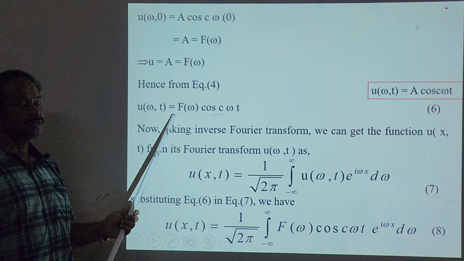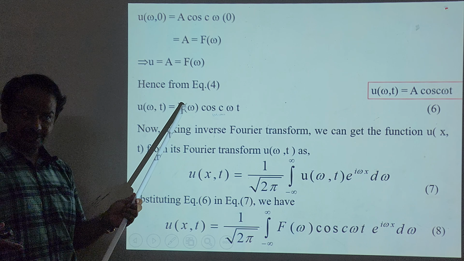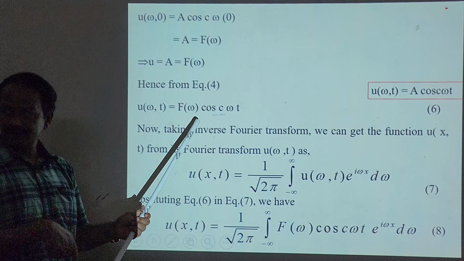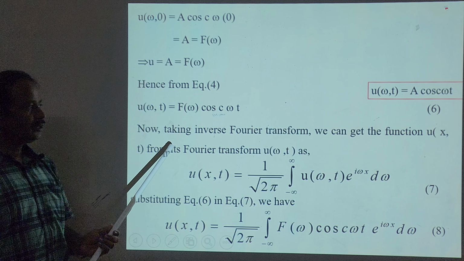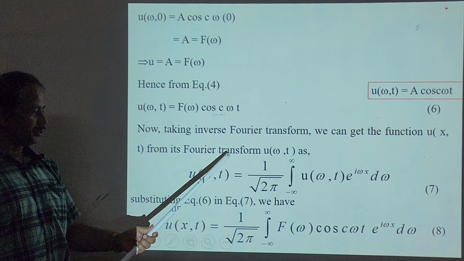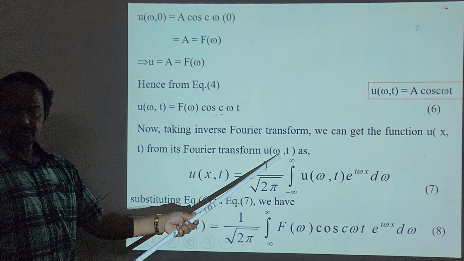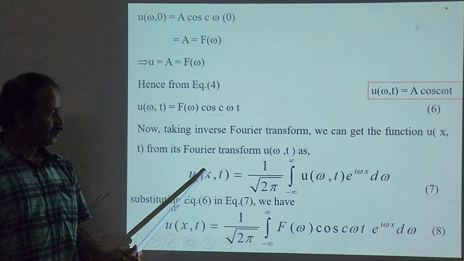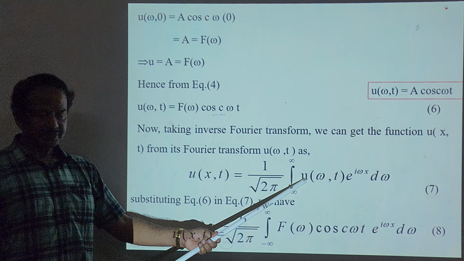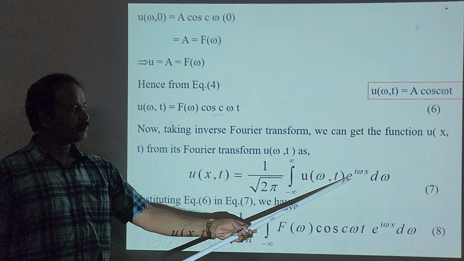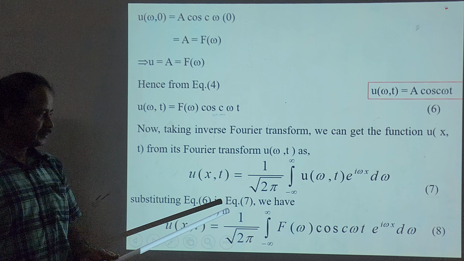Now taking the inverse Fourier transform. After getting the solution, you will have to take the inverse Fourier transform, as we have done in the last problem. So taking the inverse Fourier transform, we can get the function u of x comma t from its Fourier transform u of omega comma t as u of x comma t equals 1 divided by 2 pi integral from minus to plus infinity of u of omega comma t e power i omega x d omega.